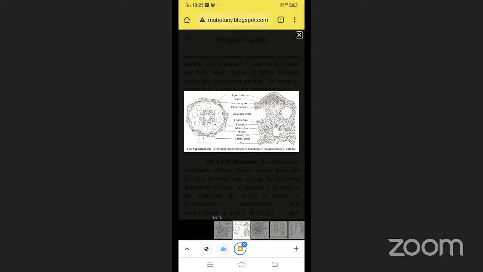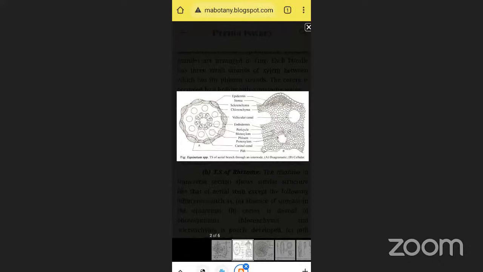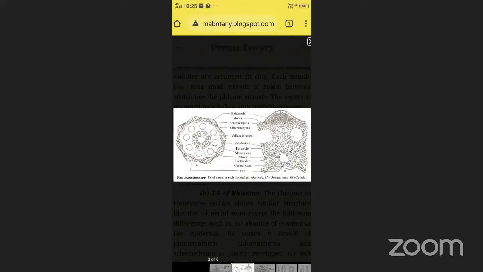What is the stem structure here? You can see the internal structure of Equisetum.